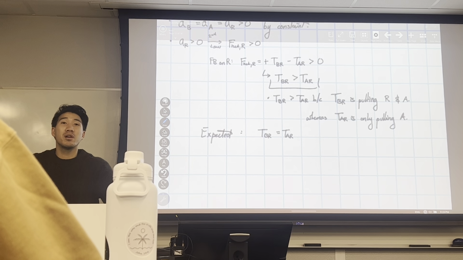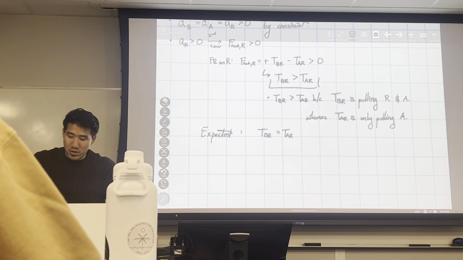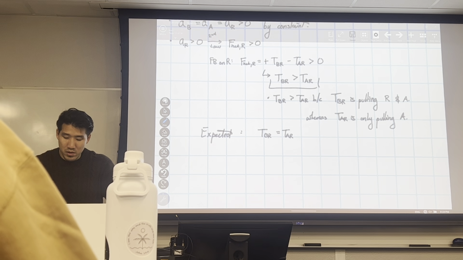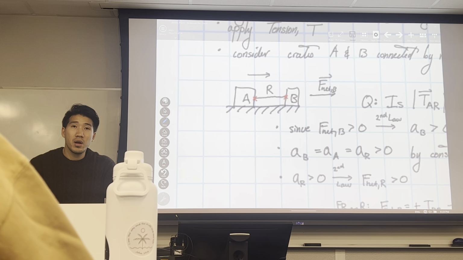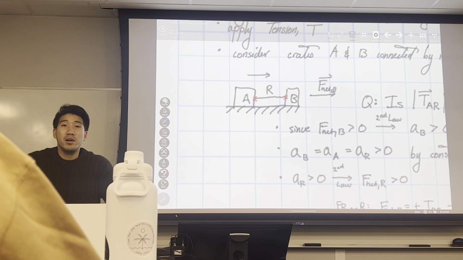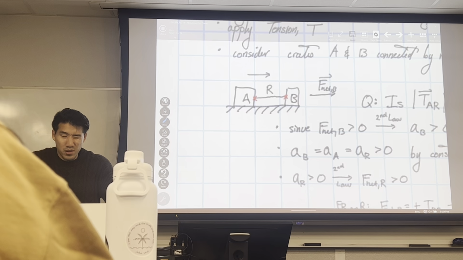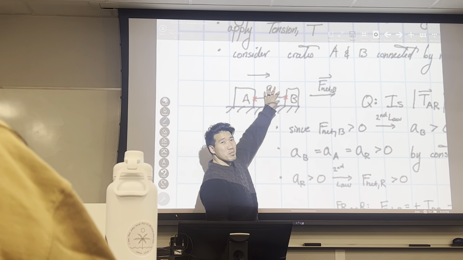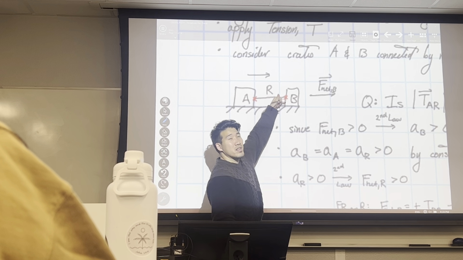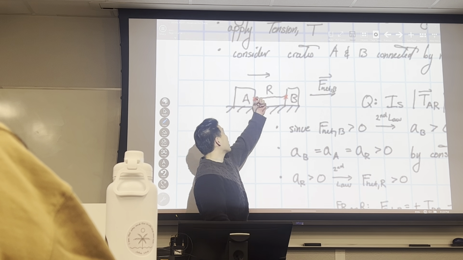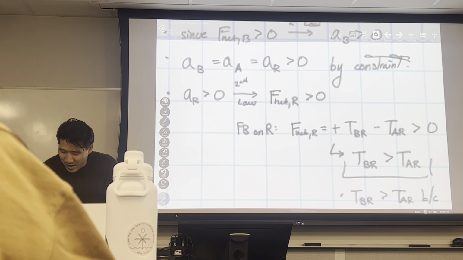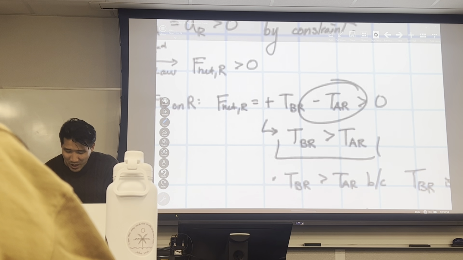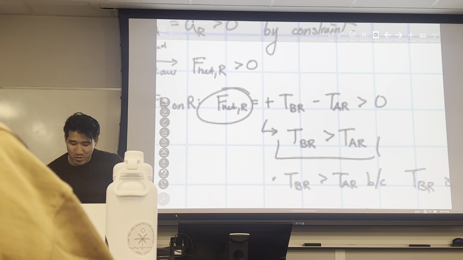Yeah, question. I'm confused. Wouldn't A also be pulling the rope because of equal and opposite reaction? Wouldn't A be pulling? Right. But what direction is the entire system moving? In the positive X direction? So yes, it is pulling it, and that's why we had minus TAR on the rope.